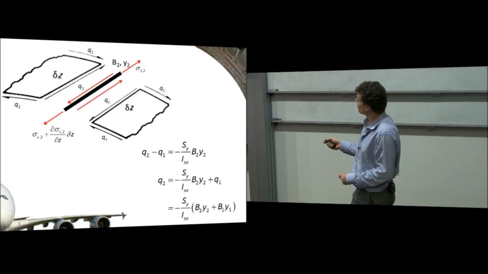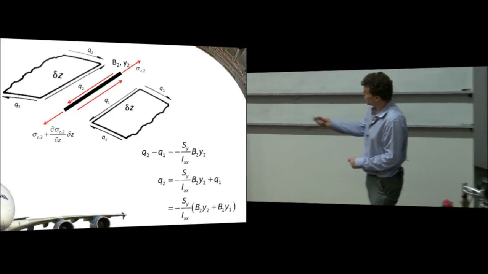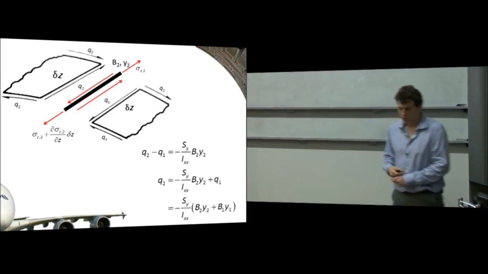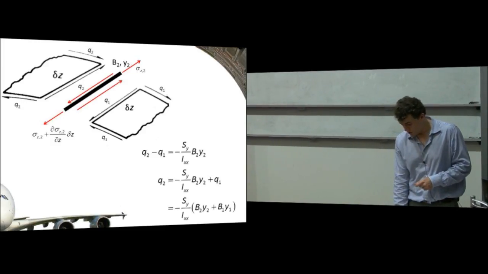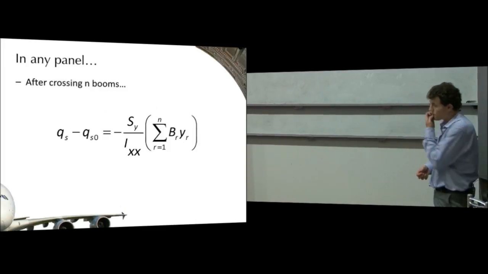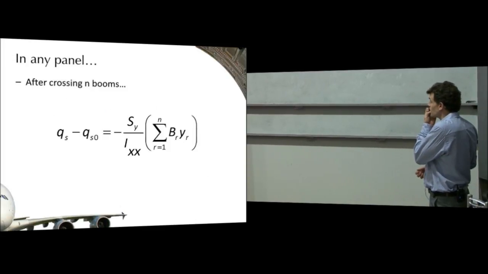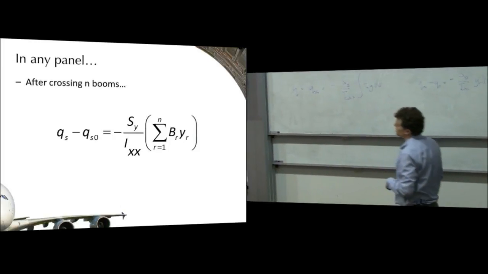So if we rearrange, we get q2 is the change plus the q1 we had initially. And if we substitute that in, we get B2, Y2, B1, Y1. So we'll see that if we cross n booms, we can actually get back to our original calculation.